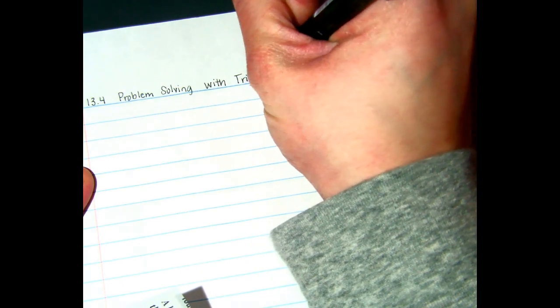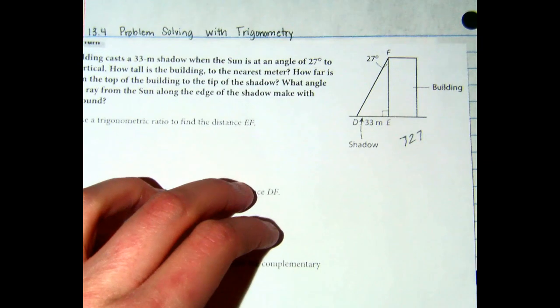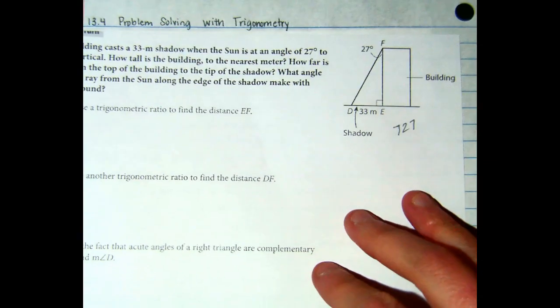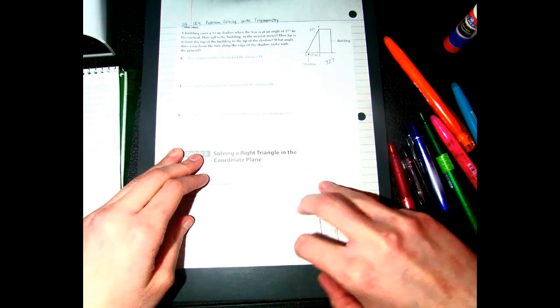This is where we're actually going to practice our right triangle trig. We're going to have to fold it up. So we're going to glue in what we can and then fold up whatever doesn't fit at the bottom. This is from 727, that whole thing there. See, mine, even on a piece of notebook paper, doesn't fit, so I'll have to fold it up.